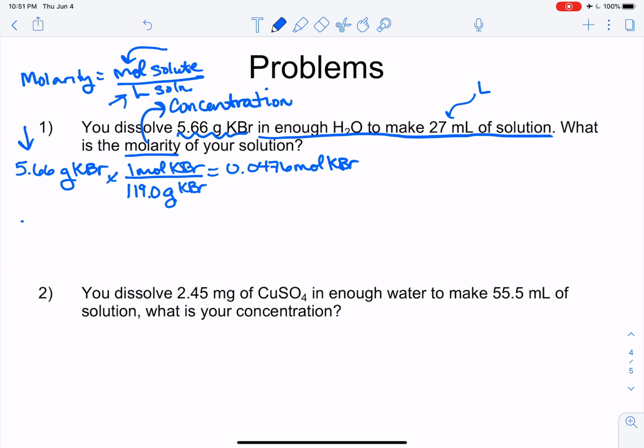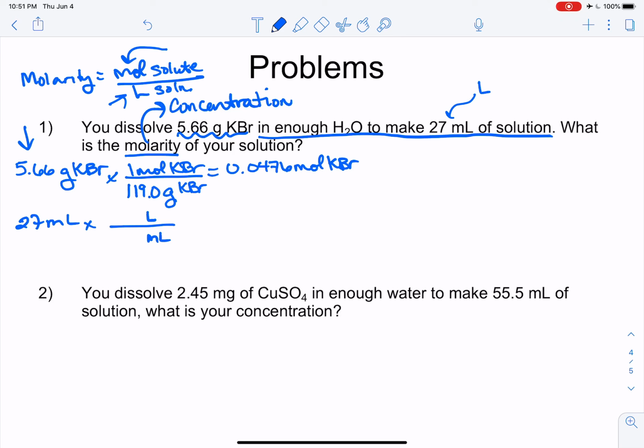All right, so we can get to liters from milliliters, so we're going to put the other given there and then write a conversion factor. Letting our units guide us, we know that we need milliliters on the bottom because milliliters divided by milliliters is what? Is 1, and we're trying to get to liters.